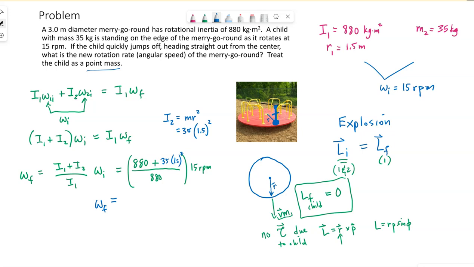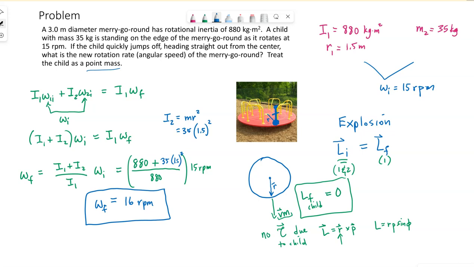Okay, so I'm getting 16 RPM. So the merry-go-round is rotating a little bit faster than it was before because this child has jumped off. Which hopefully makes sense. We now have less mass than we started with. So hopefully we can see that it should rotate faster.